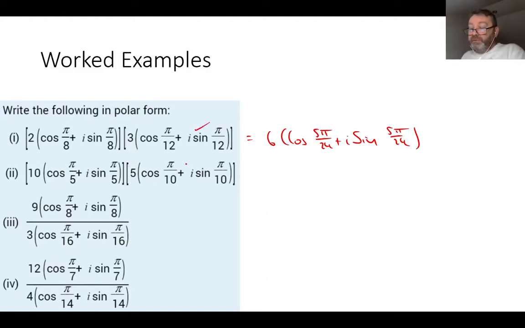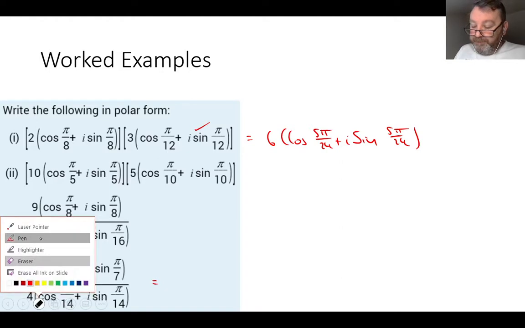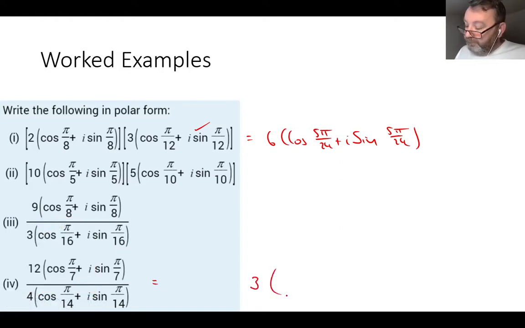I'm going to leave you the second one to do, and then I'm going to do the last one down here. Division. What do you do? You divide the moduli. 12 divided by 4 is 3. Now, you subtract the arguments.